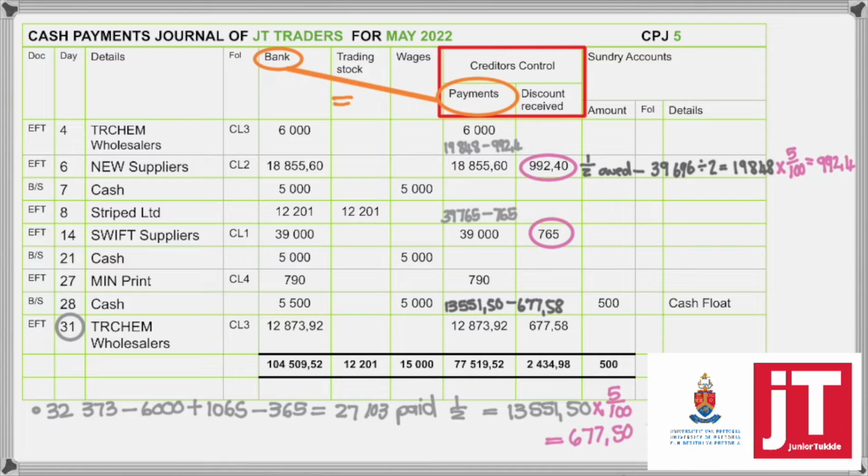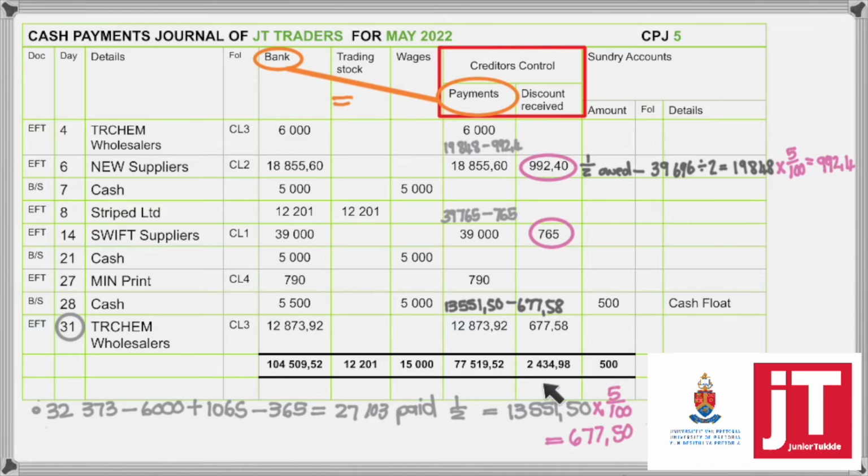And then you take the 13,551 Rand 50 cents minus off the discount to get the actual amount paid, 12,873 Rand and 92 cents. And then that amount must be the same as your bank total. And then all that's left over is to actually add up the columns. And remember, you can double check yourself because the bank total is equal to all of the other ones added together.